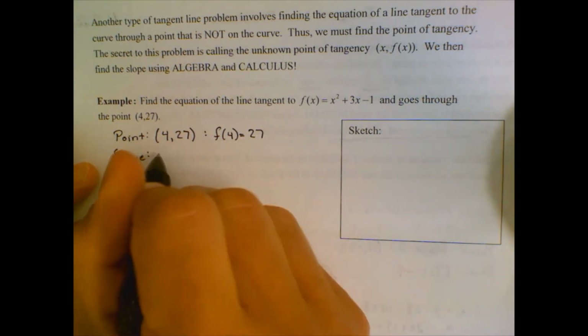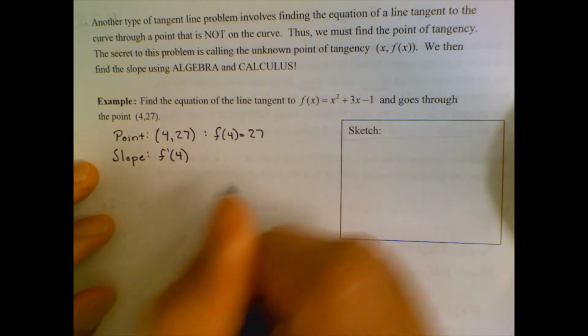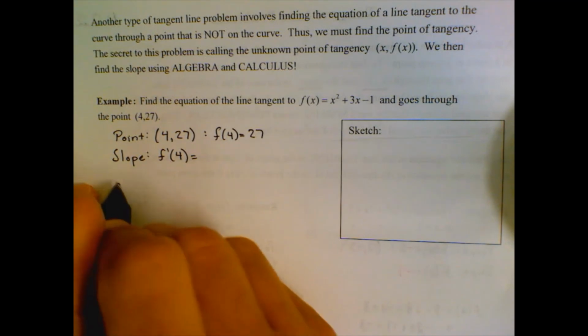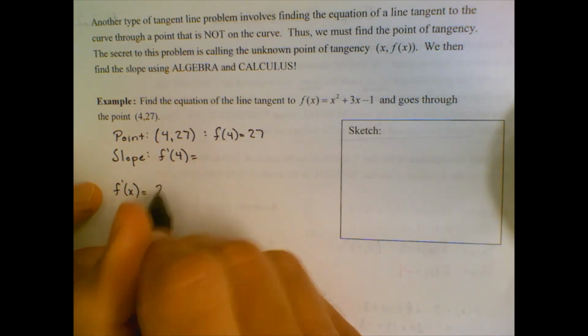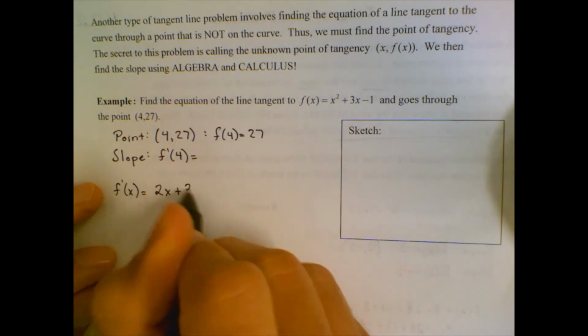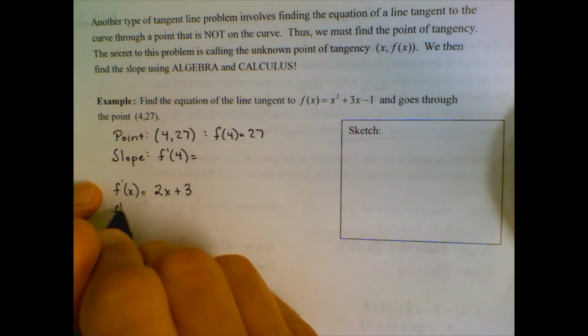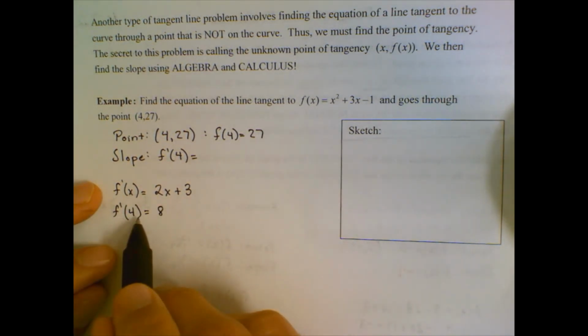Okay, all right, so the slope then, well, the slope would have to be f prime at 4, right? But we don't have f prime yet. So f prime of x is just going to be 2x plus 3, because I'm just using the power rule. And then f prime at 4 is just going to be 8 plus 3.